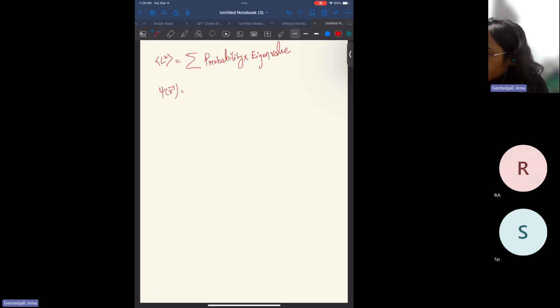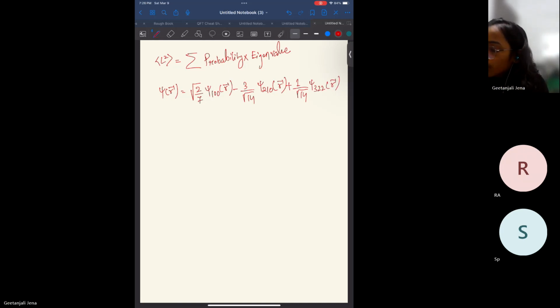So psi of r is given: root over 2 by 7 psi 100, 3 by root over 14 psi 210, plus 1 by root over 14 psi 322. Because L square is related to L, let's see what is the value of L. This is 0. This is L equal to 1. Here L is 2.